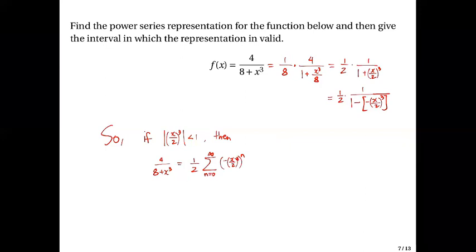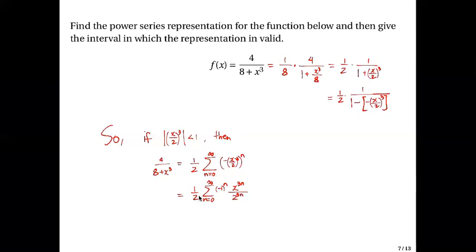But anyway, if we simplify this, we will have 1/2 sum n from 0 to plus infinity of negative 1 raised to n, and then x raised to 3n over 2 raised to 3n.